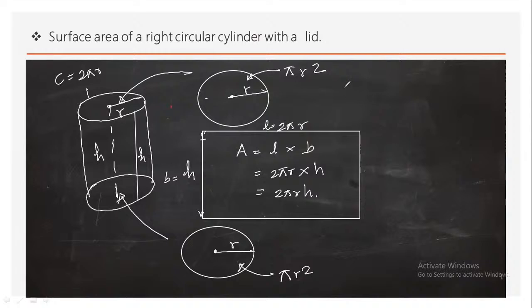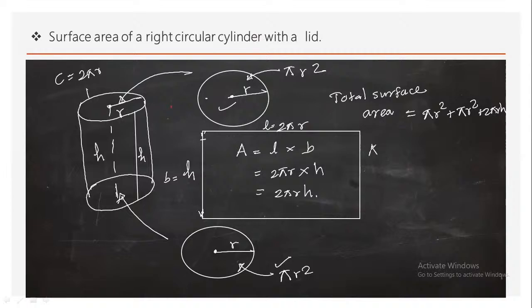Then the total surface area of a cylinder equals pi r squared plus pi r squared, which is these circles, plus the rectangular part, 2 pi r h.